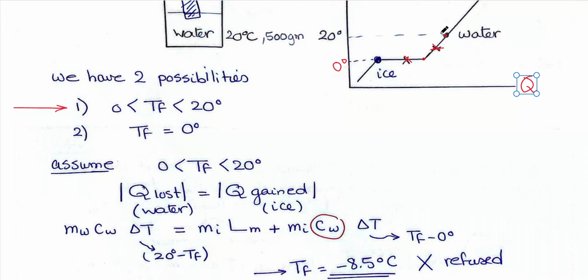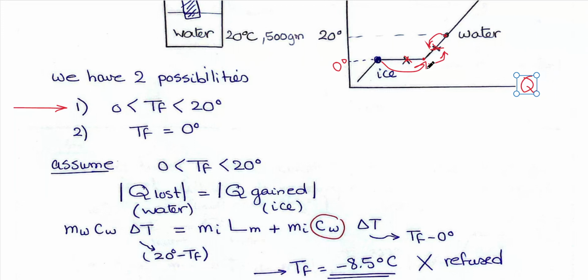What will happen if the T final is from 0 to 20? Water will lose energy till reaching T final. Ice will gain energy till reaching T final, but in two steps. Q lost by water equals Q gained by ice. M water, C water, delta T. 20 is greater than T final, so 20 minus T final.